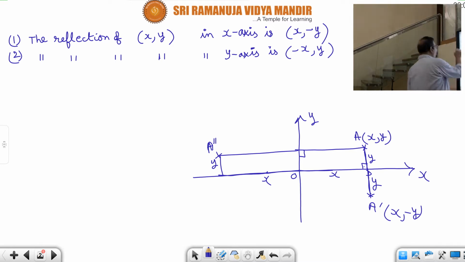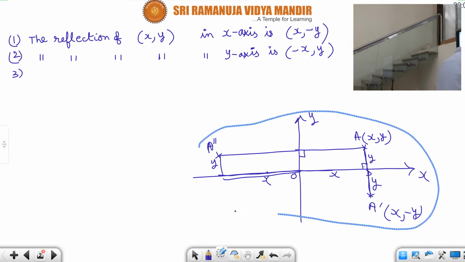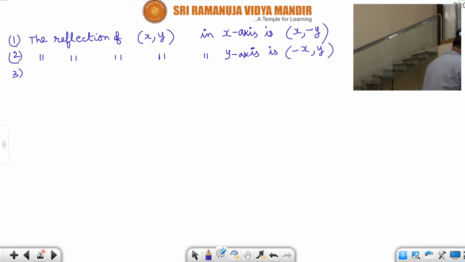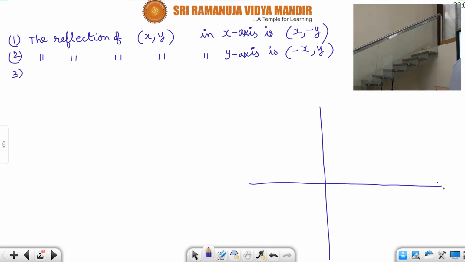Okay, right. Next, after the coordinate axis, x-axis and y-axis, next important lines are the angular bisectors between the coordinate axis. Okay, I'll remove the diagram. I'll draw those lines in red color.